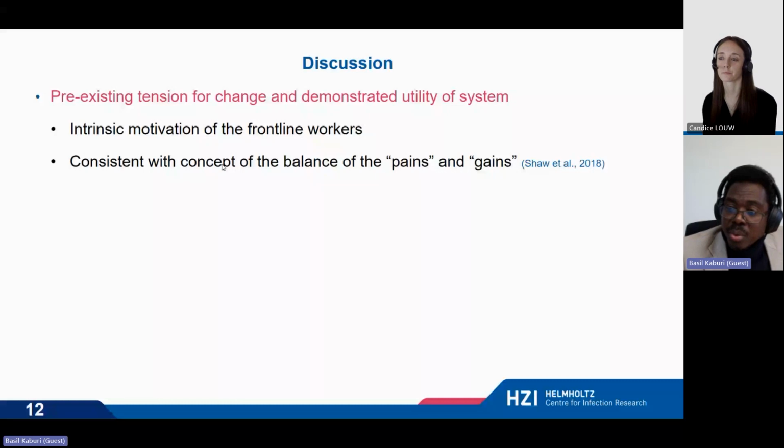And this concept where frontline workers are willing to make some sacrifices, in this case in terms of their own internet bundles or devices, because of the very benefits they obtain from the system, and count not so much of the pains, is well documented as an indication of the usefulness of a system. So in this case, the pains don't count as much as the gains, so then they are happy to sacrifice even if the system has challenges. And this supported the leadership of the system because then their staff were very supportive.